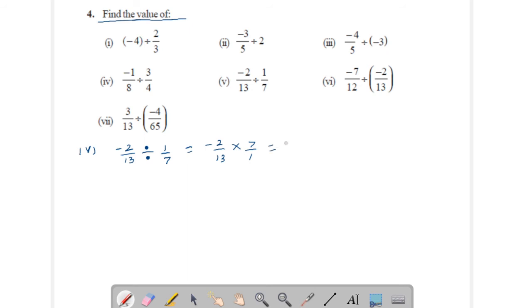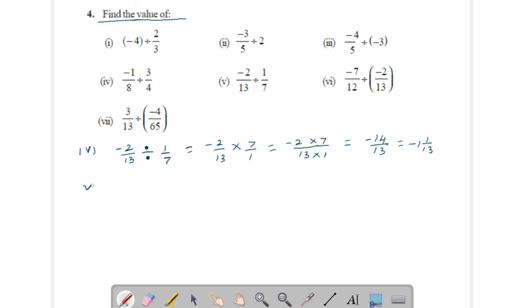Here multiply numerator by numerator. That is minus 2 into 7 upon 13 into 1. That is minus 14 upon 13. Convert it into mixed fraction. You will get minus 1 upon 13. This is your answer.